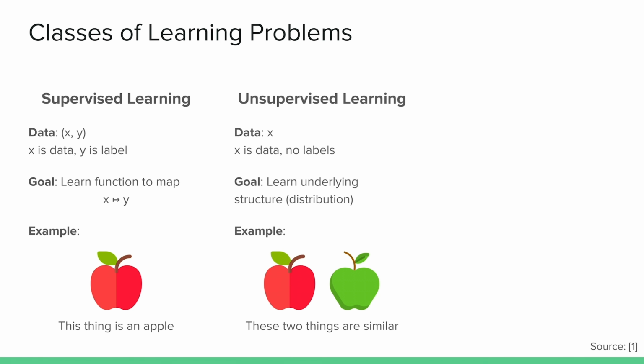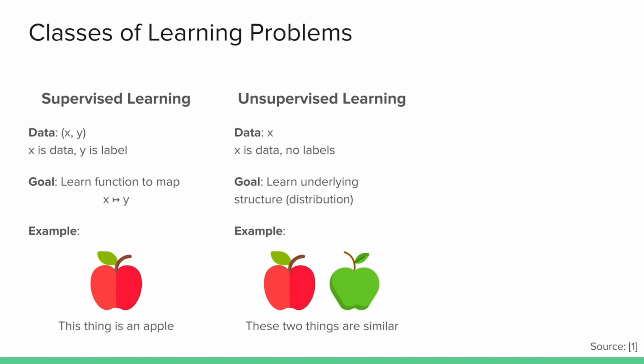The second class of learning problems is so-called unsupervised learning. And it's related to supervised learning, but there is one thing missing that you will notice immediately. There is no target label Y. So we only have our data and no one is telling us what we should map this onto. And the goal of machine learning in unsupervised learning would be to learn some structures of the underlying distribution of our data.